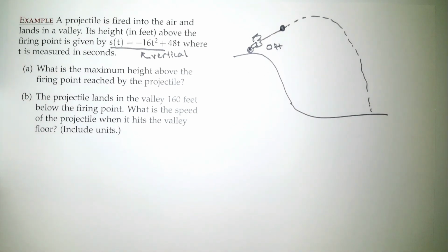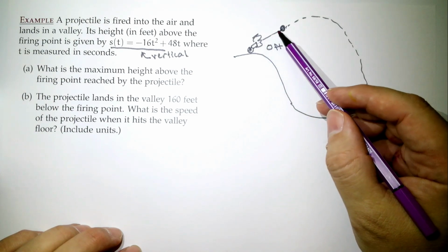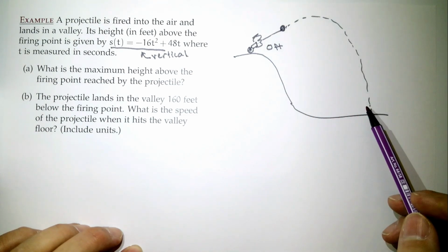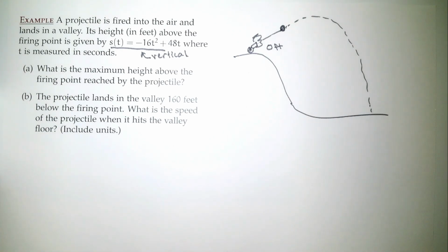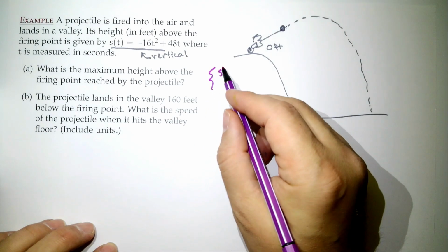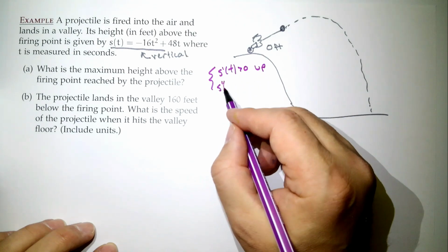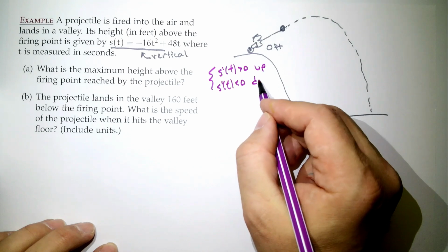We think about what's happening. So what's happening is initially it's going to go up, and then it's going to go down. So if I want to understand where it reaches its highest point, I want to say, okay, if I think about the sign, so when s prime of t is positive, I'm going up. When s prime of t is negative, I'm going down.